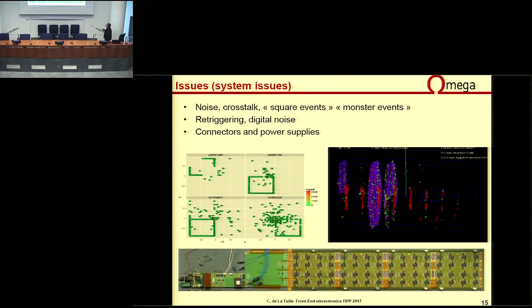So you can see here what we call a square event, or here, for another detector, you have this kind of monster event. And all of this kind of issue, retriggering and digital noise, they occur only when you go to a large system. So there are many things that you need to check and to completely manage in order to avoid this kind of thing.